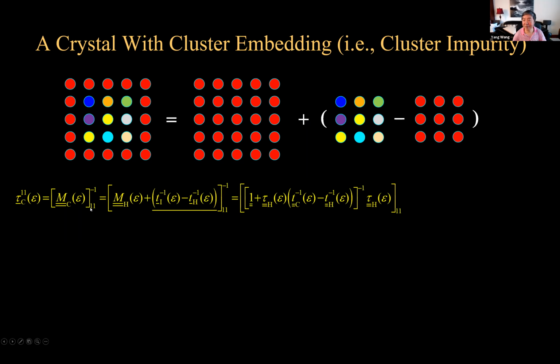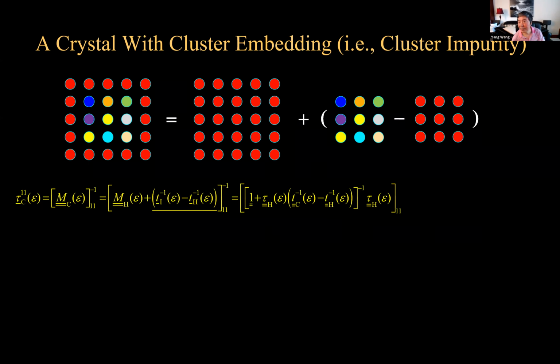But it depends on how your numbering is, how you place the t matrix in the whole M matrix. So you have 1, 2, 3, up to the total number of atoms in the cluster. I take this central atom as number 1, for example, and the 1,1 block gives you this.